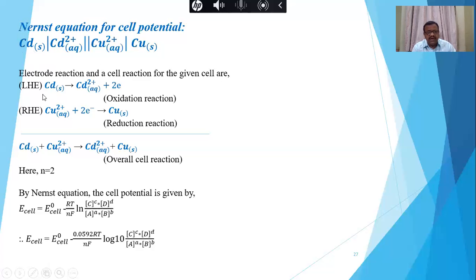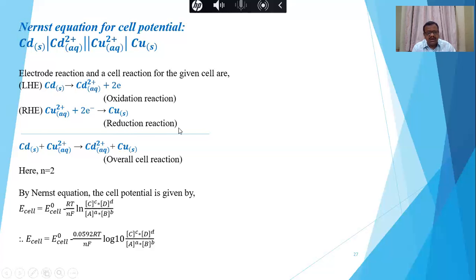Left hand side reaction: cadmium dissociates into Cd²⁺ ions and releases 2 electrons. The reaction on the left hand electrode is an oxidation reaction. On the right hand side, the reduction reaction takes place: Cu²⁺ accepts 2 electrons and forms solid copper.